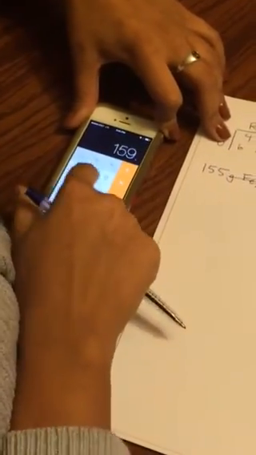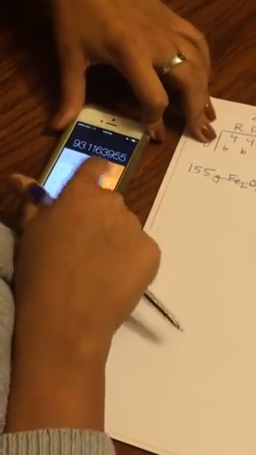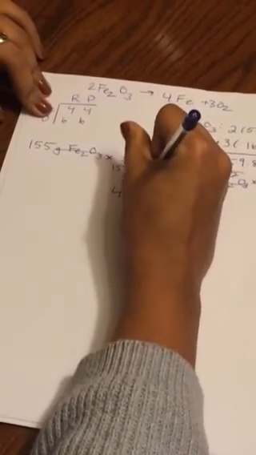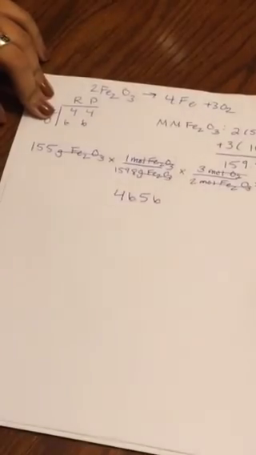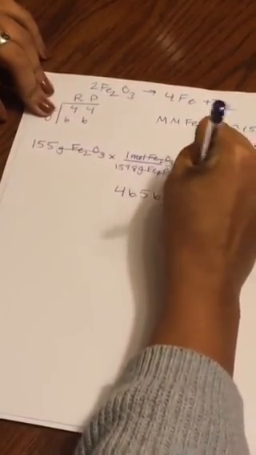So I'm going to divide by 159.8 and then divide again by 2. So I get my final answer: when you have 155 grams of iron oxide, you're going to produce 46.56 grams of O2.